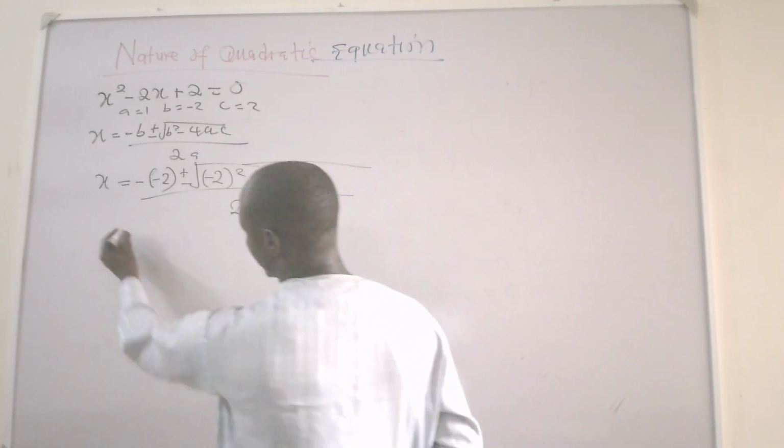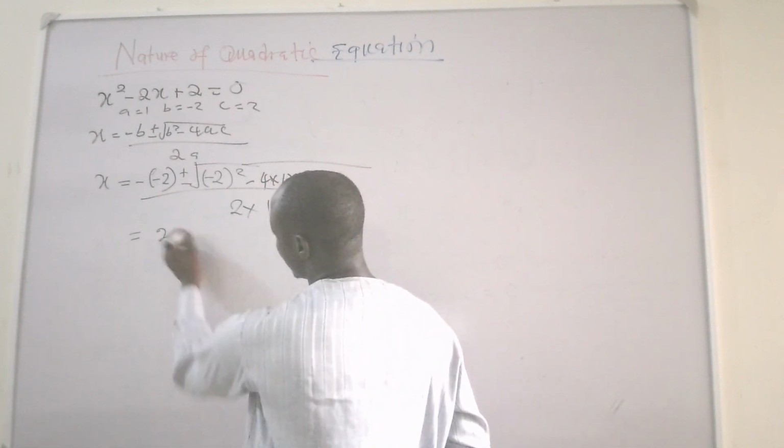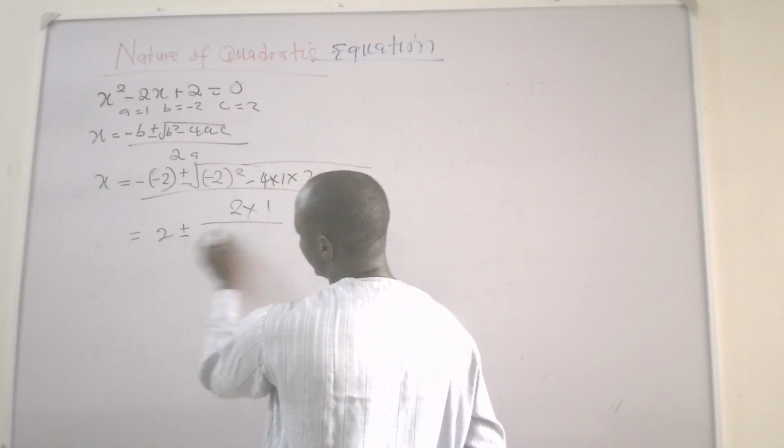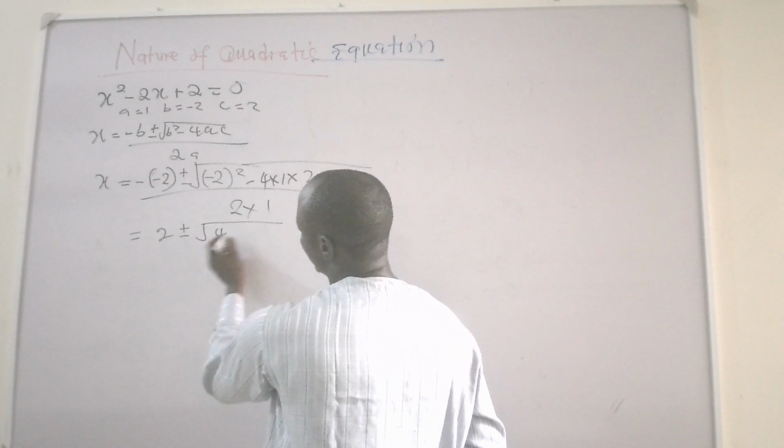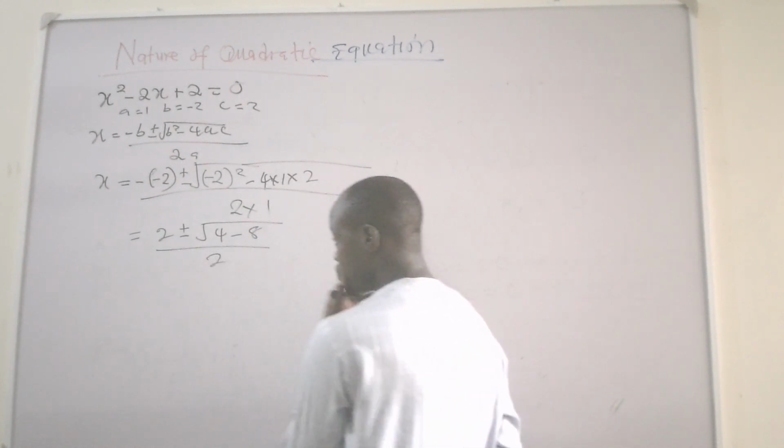So therefore we now have 2, since minus times minus is plus, so we have 2 plus or minus the square root of 4 minus 8, divided by 2.